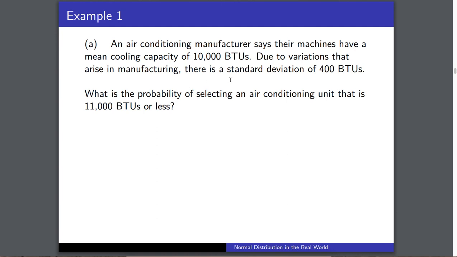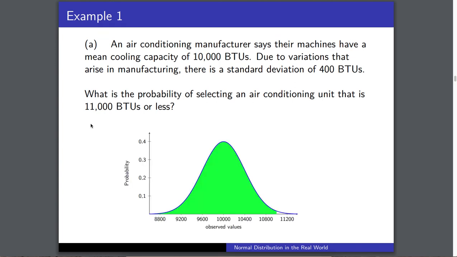There's variation involved, and here our standard deviation in the manufacturing process is 400 BTUs, or British thermal units. So what is the probability of selecting an air conditioning unit that is 11,000 BTUs or less? Maybe it's a real hot day and the one you happen to buy is 11,000 BTUs or less.